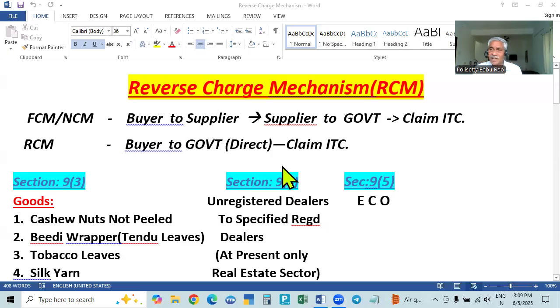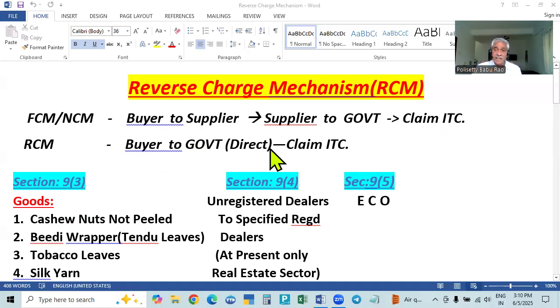That is why this is called the forward charge mechanism. This is happening normally. That is why this is called the normal charge mechanism. So normal charge or forward charge means the buyer will pay the tax to the supplier. The supplier in turn pays the government. So the buyer can claim ITC from the government.